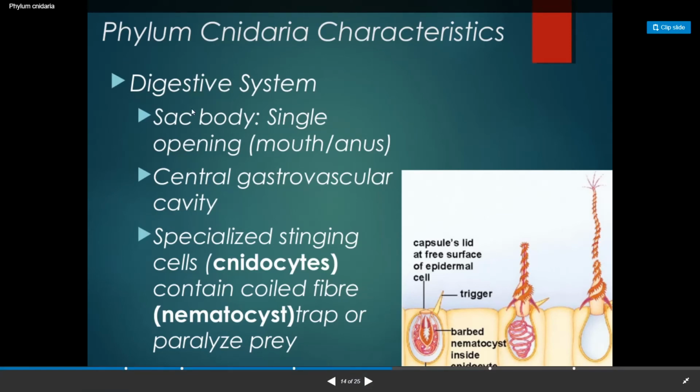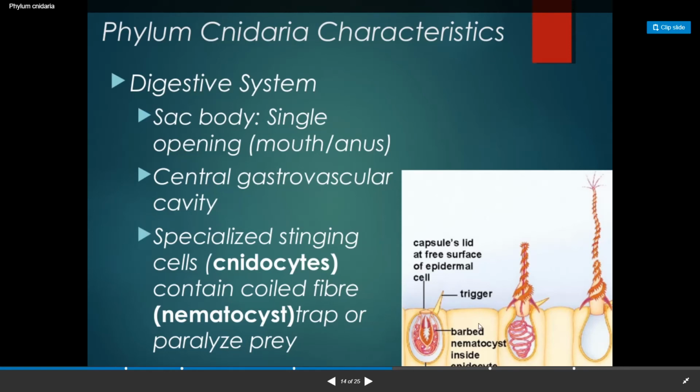So phylum Cnidaria characteristics. There's the digestive system. So you have a sac body, which has a single opening, mouth and anus. Then you have a central gastrovascular cavity. Then you have specialized stinging cells, which are called cnidocytes. And they contain a coiled fiber called a nematocyst, to trap or paralyze prey.